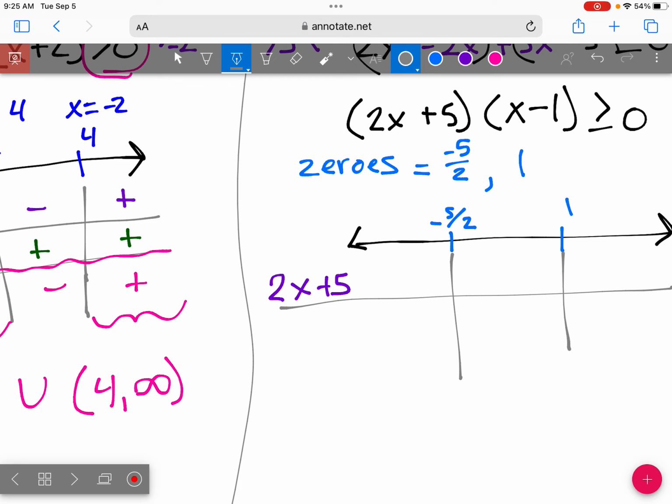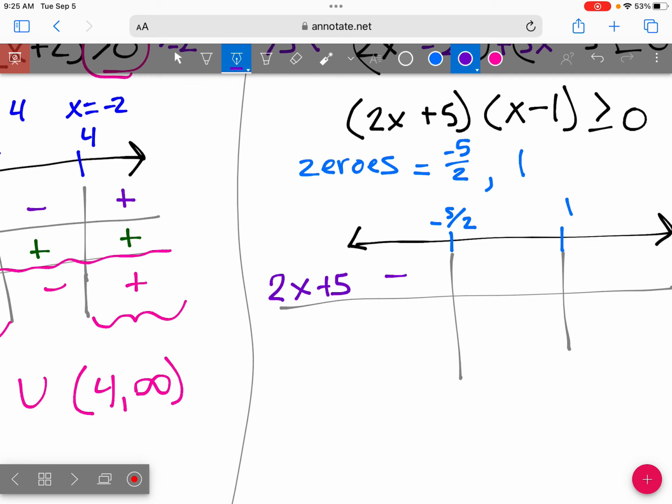Negative. When in doubt, pick something smaller than negative 5/2, negative 3 or negative 4. 2 times negative 4 gives me negative 8. Negative 8 plus 5, definitely negative. When in doubt, pick a value and plug it in.